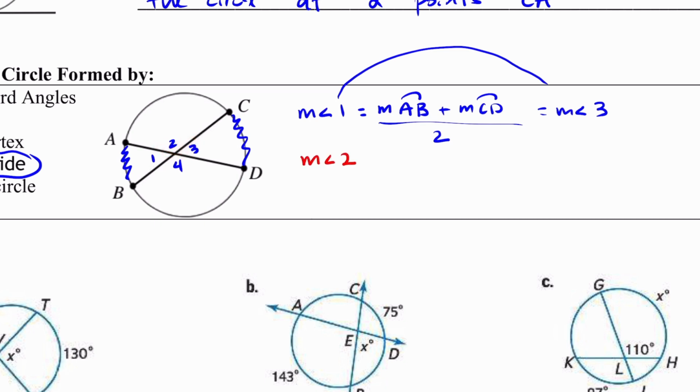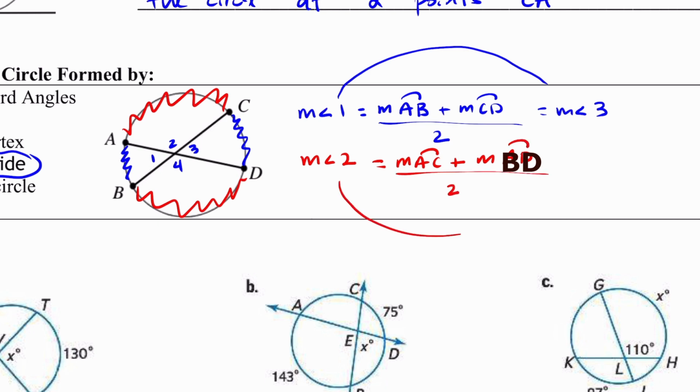Measure angle 2 is equal to measure arc AC plus the measure of arc AD, all over 2. We can also find measure angle 4 because that's essentially measure angle 2, by definition of vertical angles. So I'm going to make a note: vertical angles here, and vertical angles here as well.